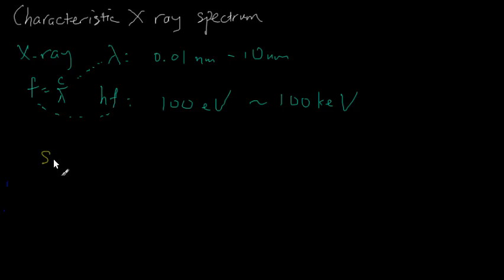You might have heard of terms like soft X-ray and hard X-ray, so let me give an example of the range of values. A soft X-ray has photon energies in the range of about 100 eV to 10 keV.